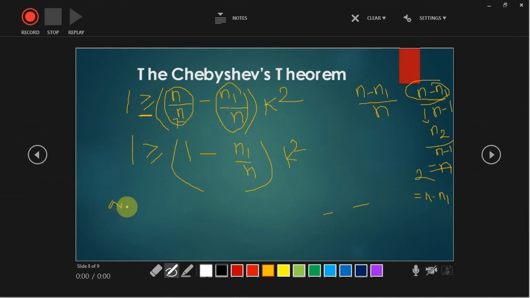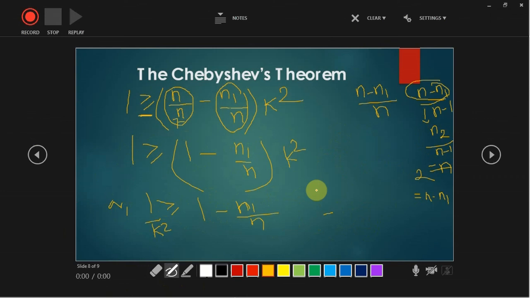So this becomes 1 is greater than or equal to k square. Sorry, this k square can be taken here. 1 upon k squared is greater than or equal to 1 minus n1 over n.